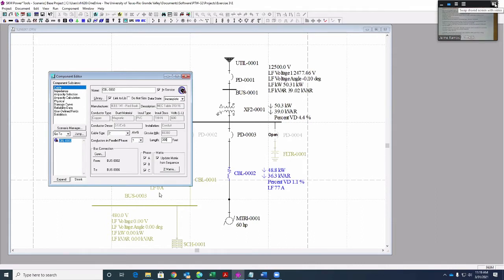Then it's cable size number 2. So cable size here, look. Okay, number 2.